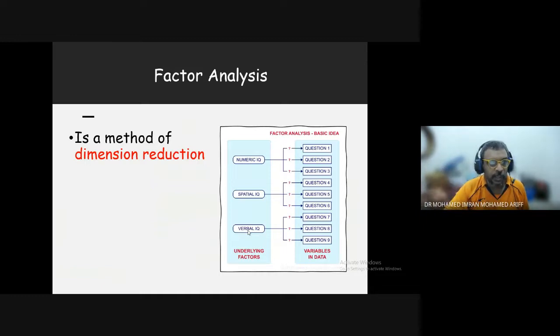So inilah soalan-soalan dia. So responden pun jawab. Lepas tu you buat factor analysis inside your SPSS, and these three items fall back under verbal IQ. It means that responden faham soalan ni berkisar pasal verbal IQ, and we have it statistically proven yang soalan-soalan ni memang berkisarkan pasal verbal IQ. Okay, so that is what you're trying to do with factor analysis. You're trying to reduce and you're trying to find out whether these questions belong to the same factor.